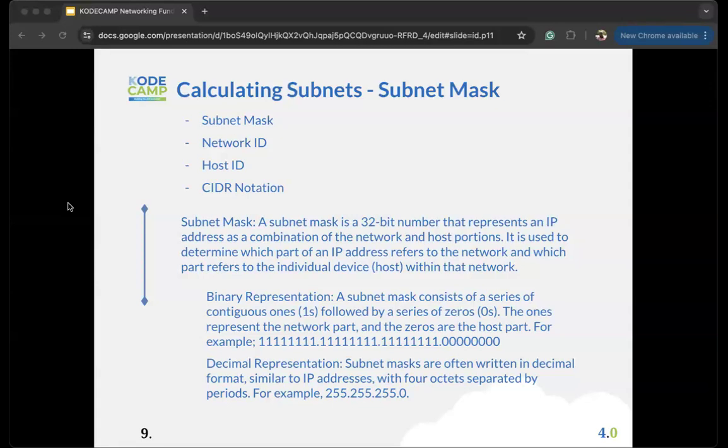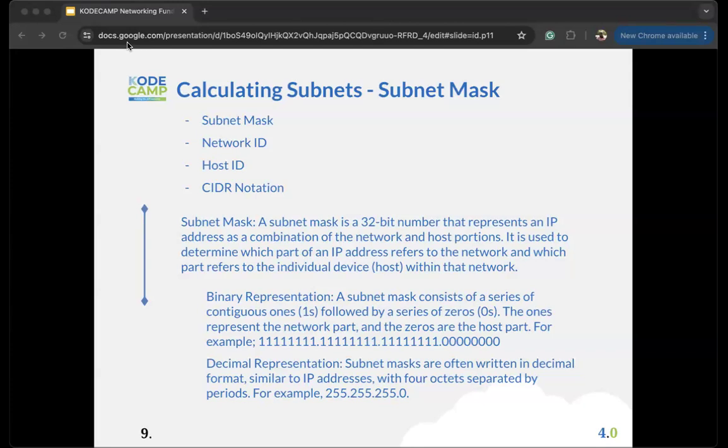When you see the IP address, there will be a portion which will tell you that this IP belongs to this network, right? And then there will be a particular part of the IP address which will specify the hosts. That is, the host is the particular resource that has the IP. Then for the entire network, naming it, you have the slash notation by which you can assign a value to an IP address, which will tell you how many resources can be allocated to that subnet, right?